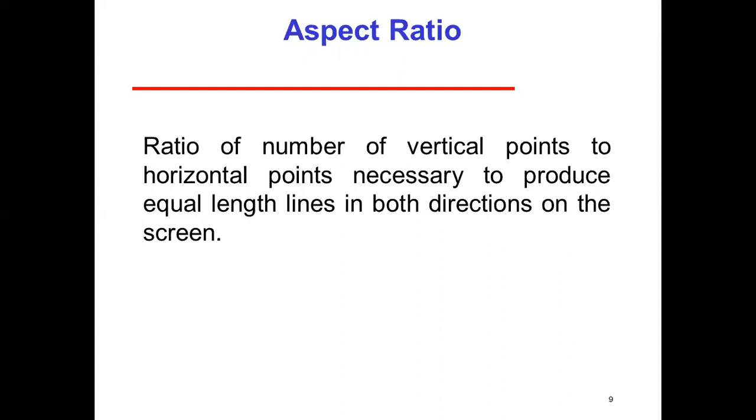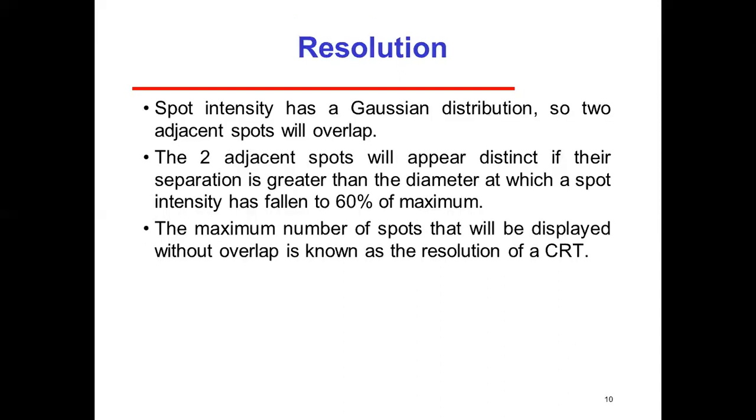It is the number of vertical points to the horizontal points necessary to produce equal length lines in both directions on the screen. Whenever we are going to choose the screen or the monitor, we check the aspect ratio as well as the resolution. So there are two important things. First is called the aspect ratio and another is called the resolution.